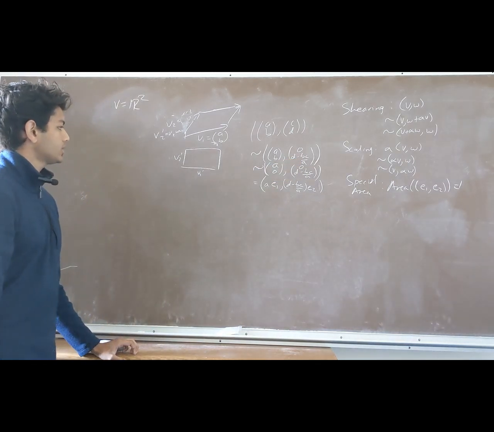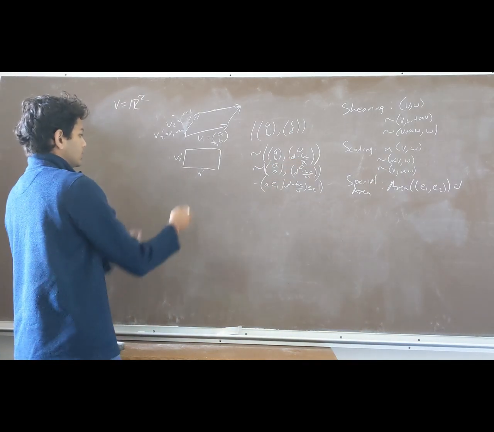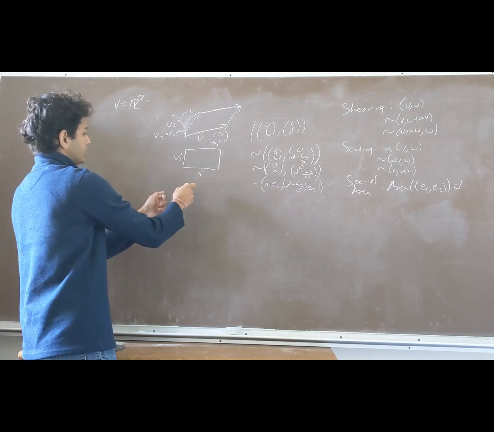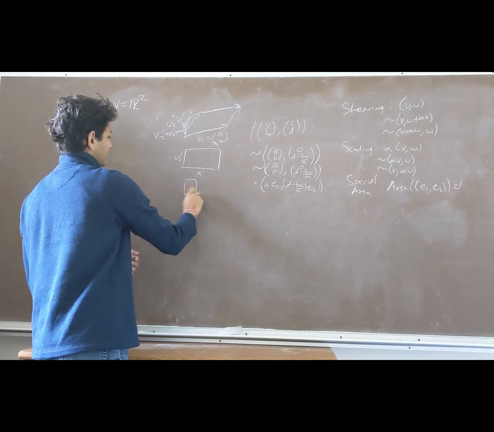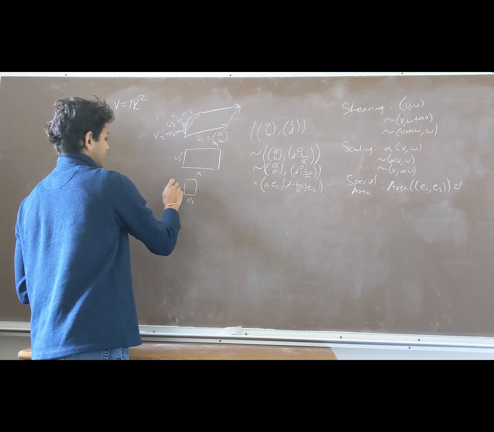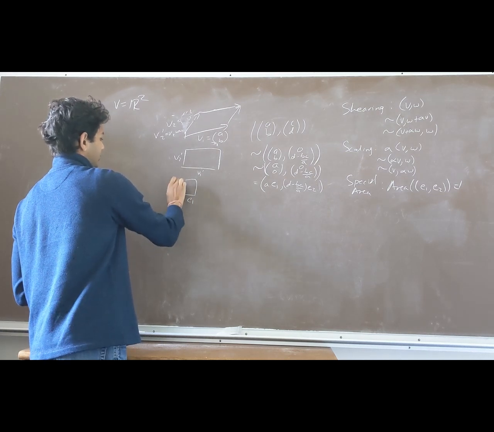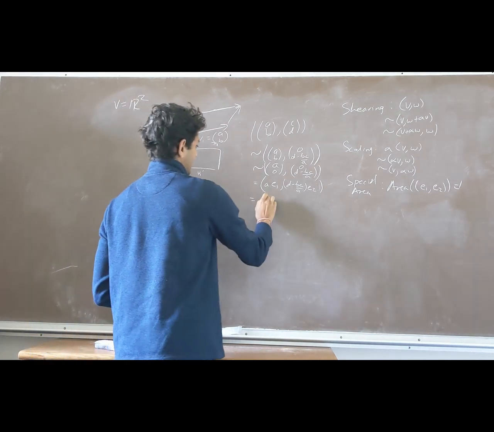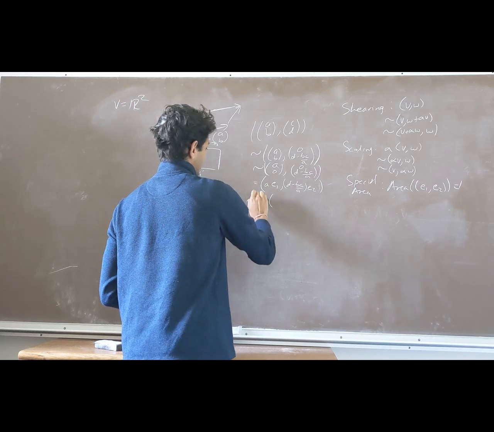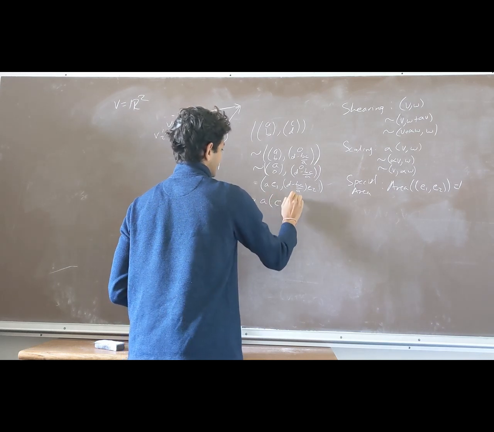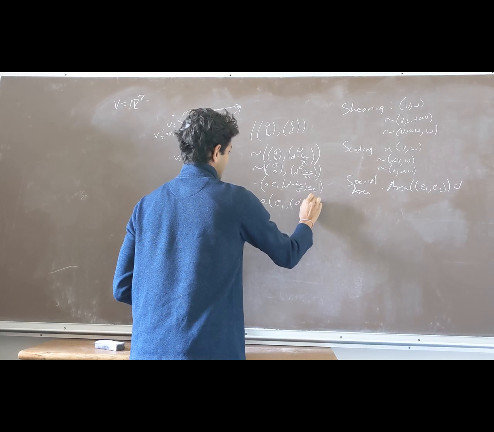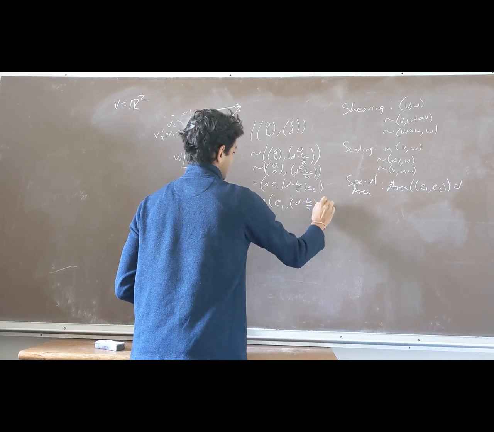And now, using the scaling axiom, we can shrink this by a factor of a in the first direction and get e1 and v2 prime. And so this will be equivalent to a times the pair e1, d minus bc over a e2.